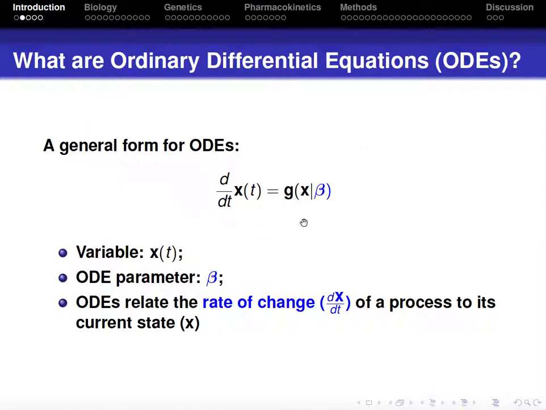So in other words, the derivative represents the rate of change of this process, right? The rate of change of the process will depend on the current state. For example, when you drive a car, suppose this x is the velocity of the car.